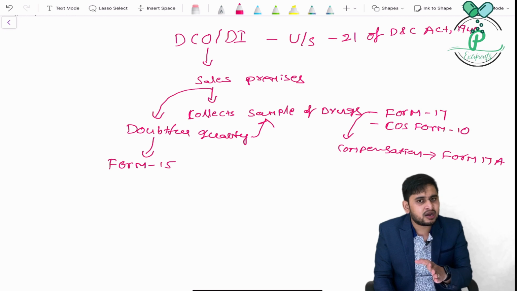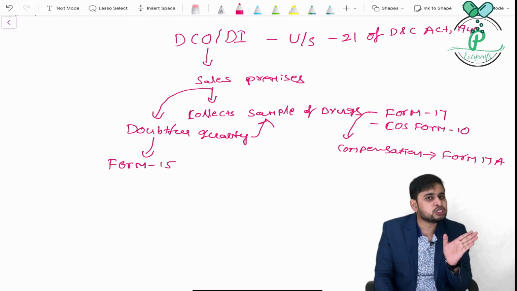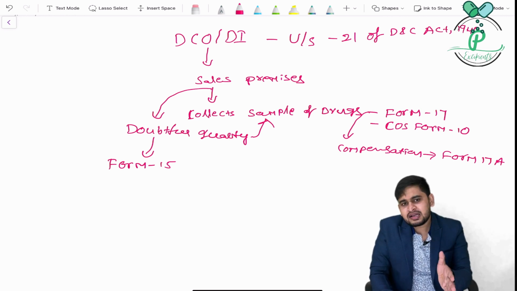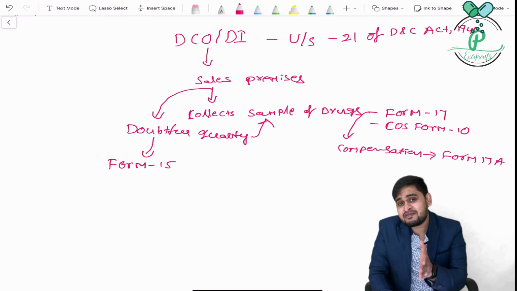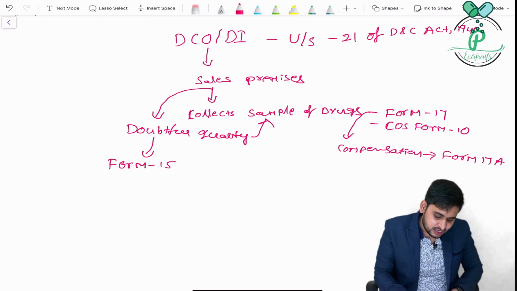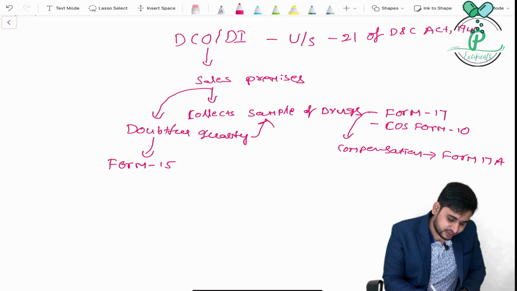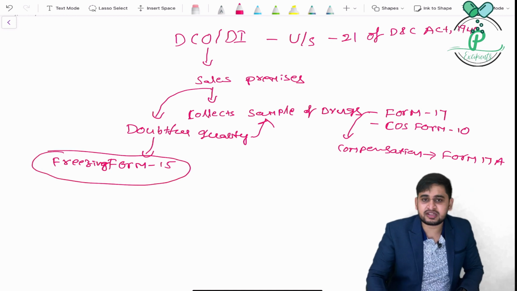If the sample is not of standard quality, right? So Form 15 would be issued for the freezing of the drugs.